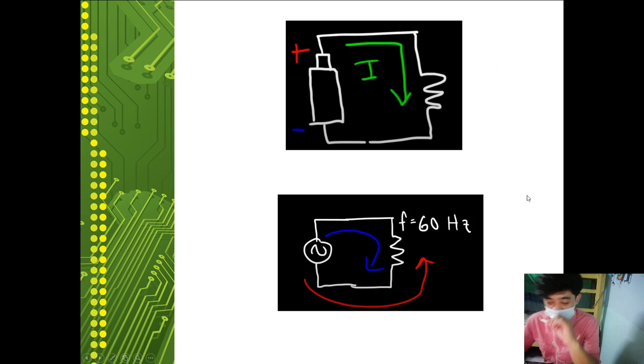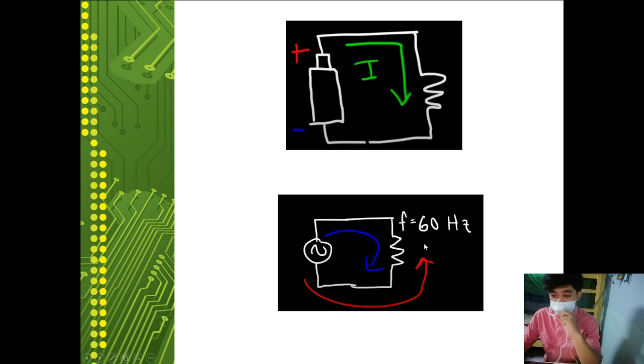Here is an example of a DC circuit. As I said, the flow of electrons goes from positive to the resistor, going to the negative. While in alternating current, if you put in 120 volts, it goes to the resistor and back, and it oscillates.